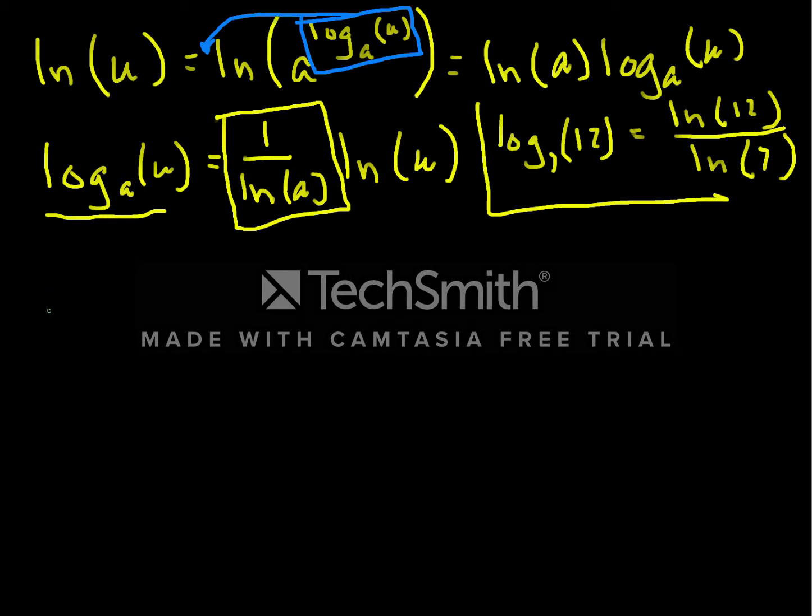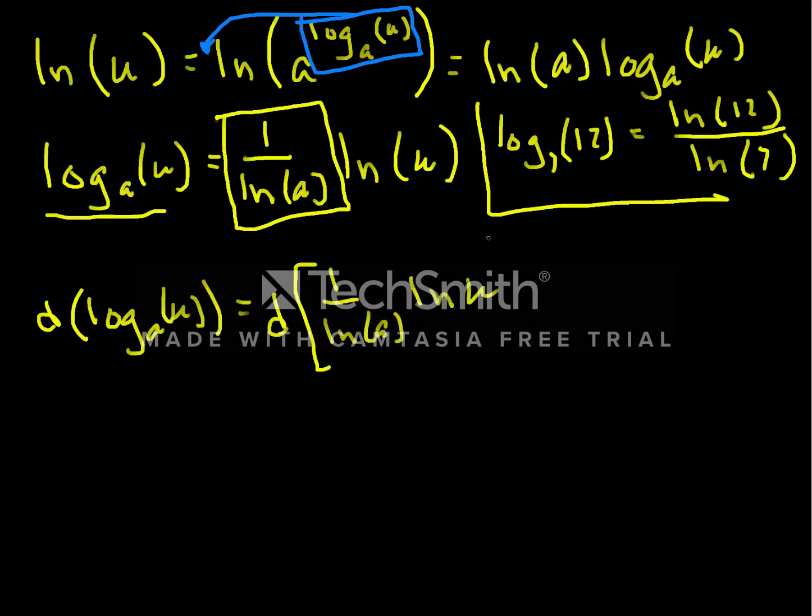Formally, the differential of log base a of u is equal to the differential of 1 over natural log of a times natural log of u, which is equal to 1 over natural log of a, because that comes out, times the differential of ln of u. I guess I should keep my parentheses.